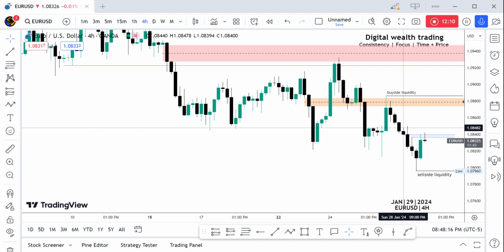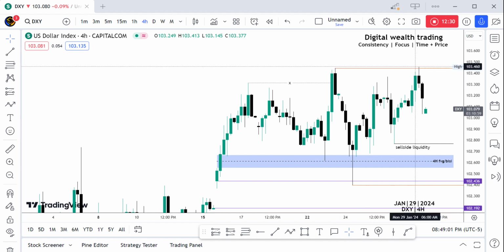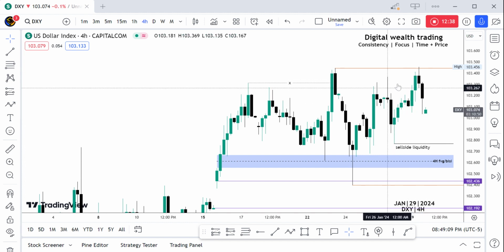That being said, let's go to the dollar index and see how these two pairs are correlated. This is the dollar index 4 hourly contract, and we can see that as soon as we priced above this, we rallied lower deeply, with a very sharp decline in price, and this indicates a whole lot.